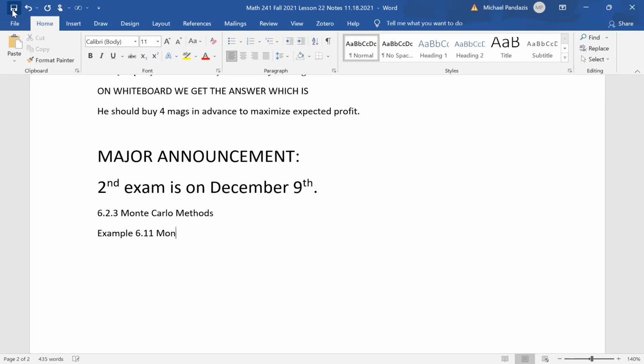Example 6.11, Monte Carlo method for evaluating definite integrals.